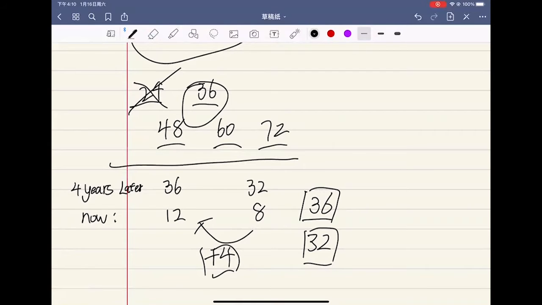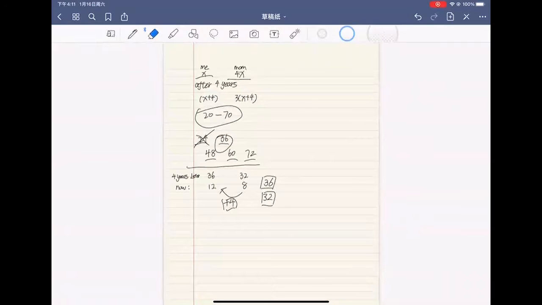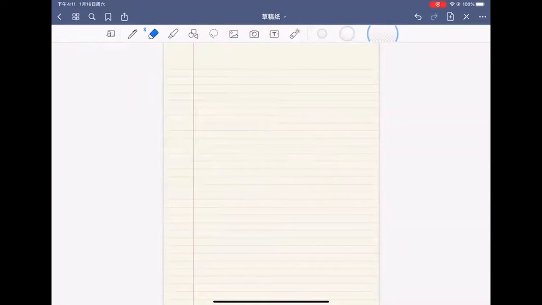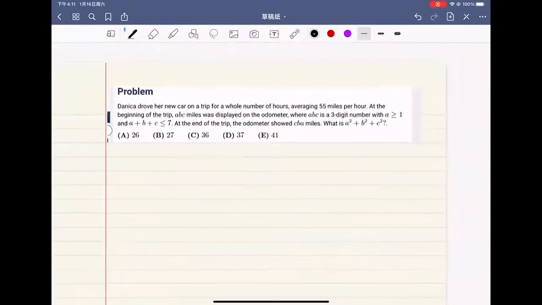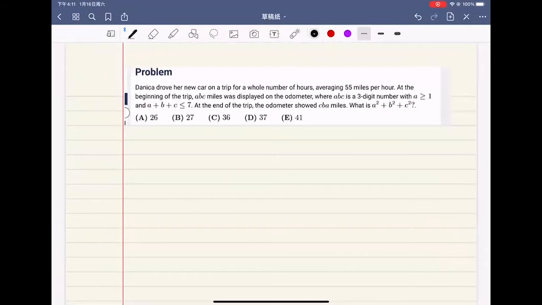Yeah, you will use lots of this logic in AMC questions, and that's an easy beginning. I prepared some questions for you that need that logic. Can you see this question?